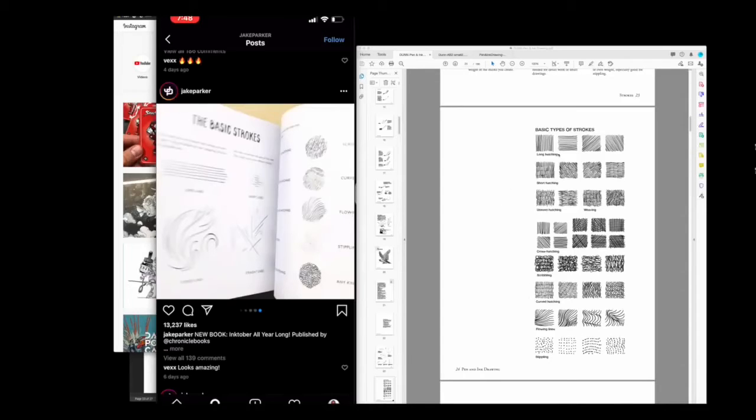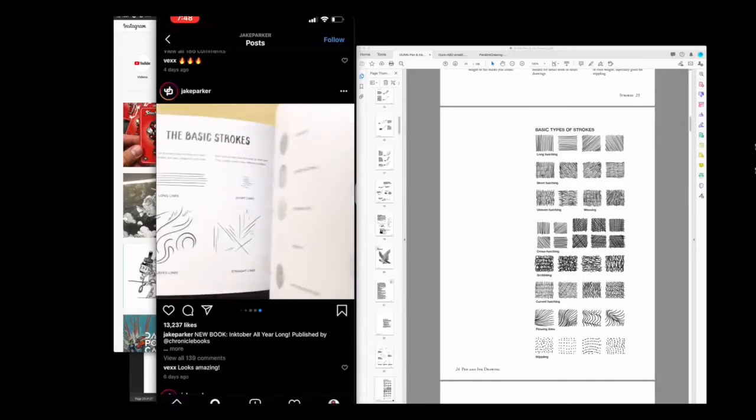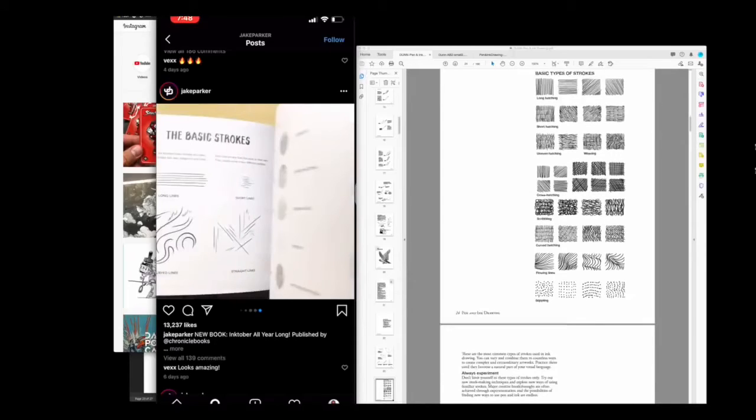Long hatching, short hatching, cross hatching, scribbling, curved lines, curved hatching, stippling, long lines, short lines, curved, flowing, stippling, scribbled, like, at this point, I don't want to see anything else.